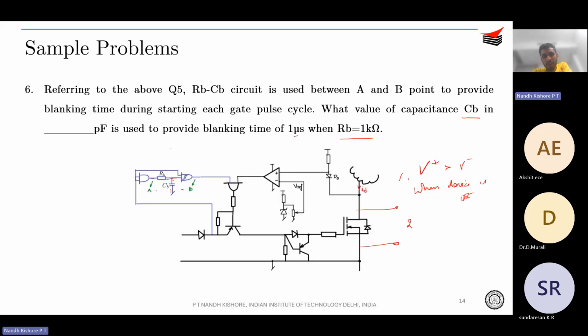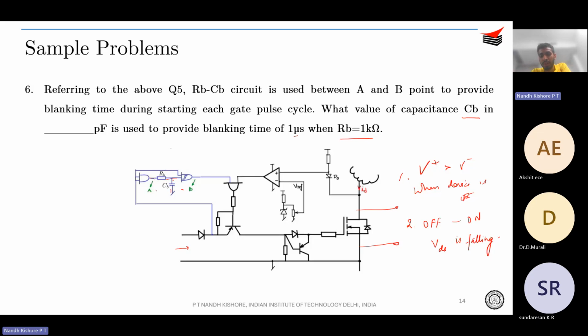The second scenario is when the device is turning on, that is, you have given pulses over here. When the device is going from off to on transition, your voltage VDS will slowly fall. So at that time also VDS would be very high. VDS is falling from a high value to a low value, and it would take somewhere around a few tens or even hundreds of nanoseconds.